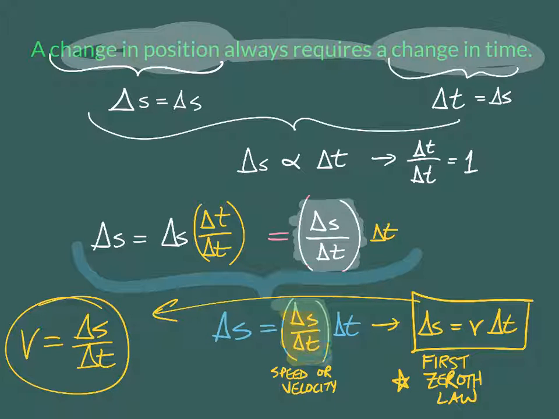This thing right here, speed, velocity, that is a construct. We gave it a name and a symbol. We constructed new knowledge. Because guess what? It's not going to be a constant. I mean, it can be.